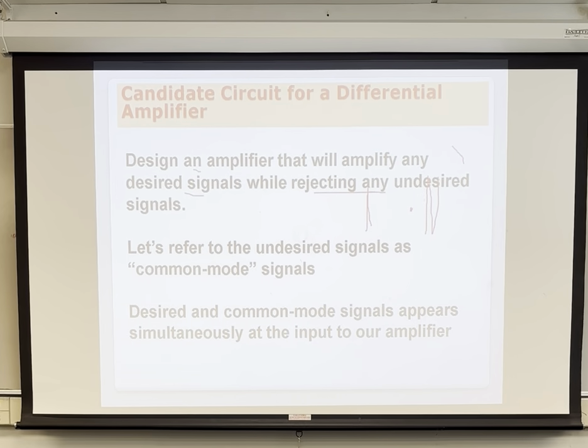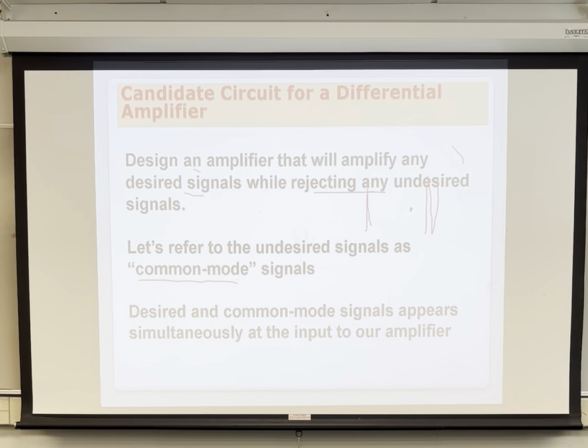The low-pass filter is tuned for certain frequencies. So let's say that the undesired signals are called common mode. Is this a bandpass filter? There are no capacitors. This circuit is only using resistors.